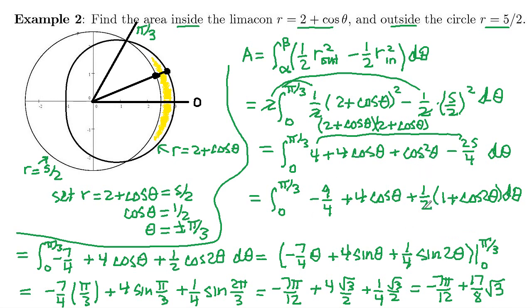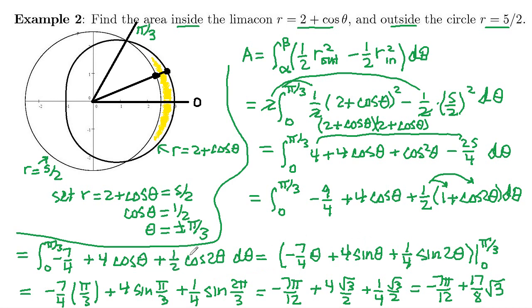Cosine squared, we've got to trade out with the half angle for 1/2, 1 plus cosine 2 theta. Multiply your 1/2 in. -9/4 plus 1/2 is -7/4. 4 cosine theta stays, and then 1/2 cosine 2 theta right there. Now we know how to integrate everything: -7/4 theta plus 4 sine theta plus 1/4 sine 2 theta.